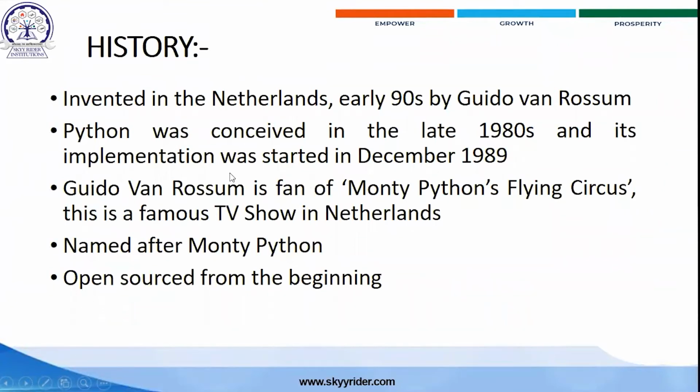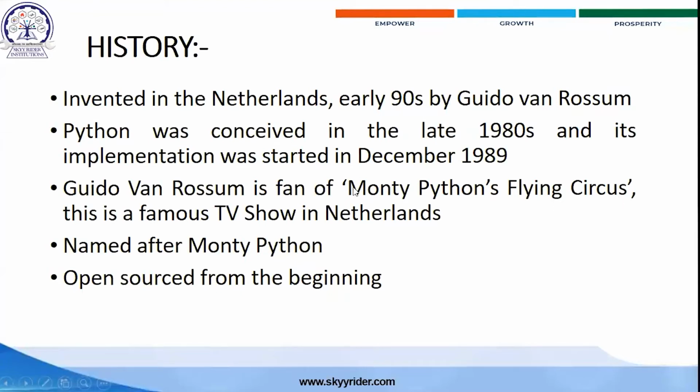Okay, history of Python. This man, Guido van Rossum, developed Python in 1980 while he was working in the Netherlands. Guido van Rossum is a fan of Monty Python's Flying Circus.